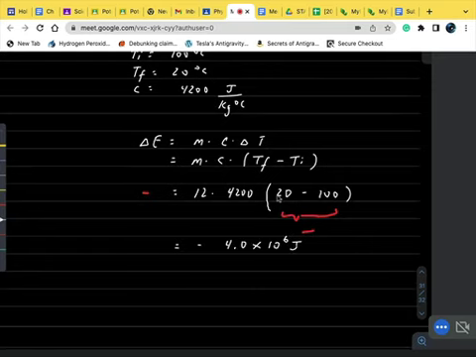Okay, now, be clear on something. The question, if we go back to it, is how much heat will be released to the environment? So, we didn't calculate the heat released to the environment.